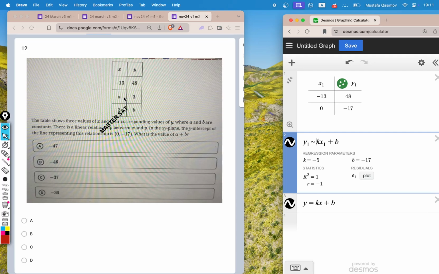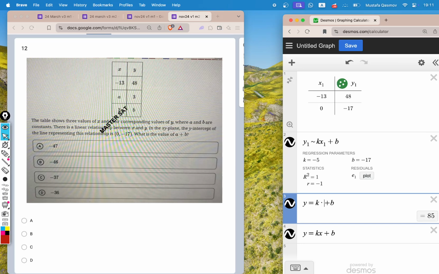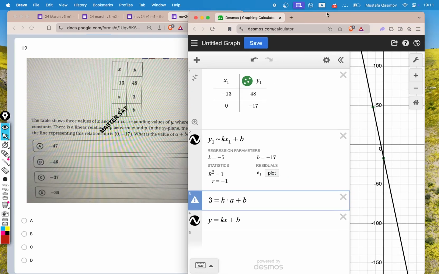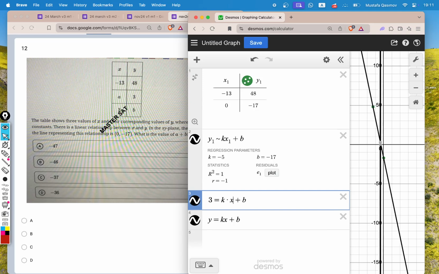Then it says, let's put this point here. X is equal to a and y is equal to 3. Then let's write instead of x a and find the value of a. So it is negative 4.